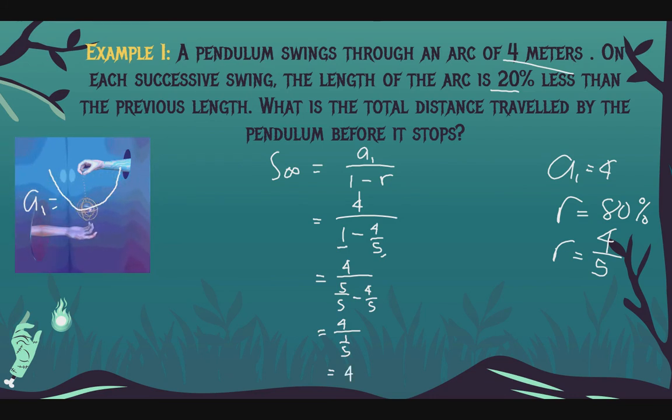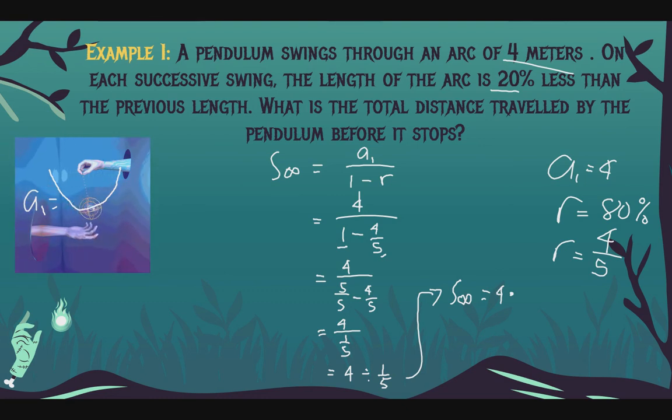And paano ba tayo nagdi-divide ang whole number by fraction? Magiging 4 times, from division magiging multiplication, from 1/5 kunin natin ang reciprocal, 5 over 1.